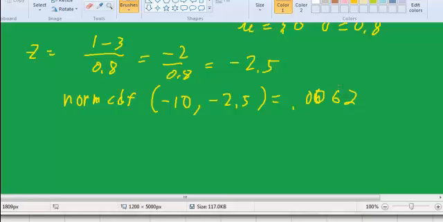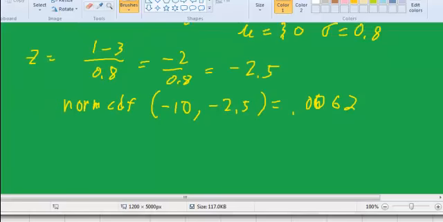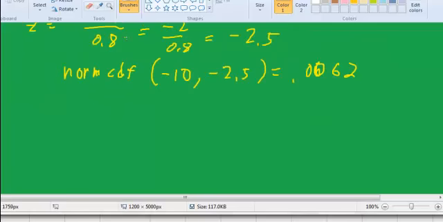And then what was our second question? Our second question was, if we get 4.5 inches of rain, what's the percentile? So again, we do that in two steps. So z is equal to 4.5, that's our x, minus 3.0 over 0.8, equals 1.5 over 0.8.